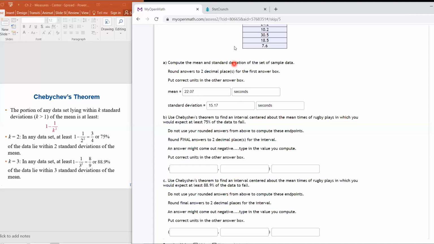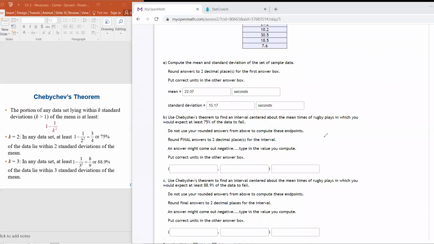I will take the numbers from before, and I will be looking at the mean minus 2 standard deviations. That will be the lower limit, and the mean plus 2 standard deviations, because I'm looking for 75%, and the 75% corresponds to 2 standard deviations above and below the mean. Okay, I will try to write it here.